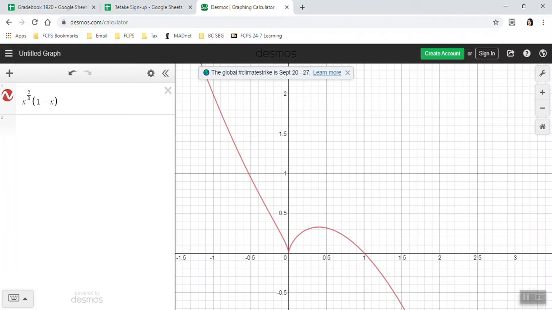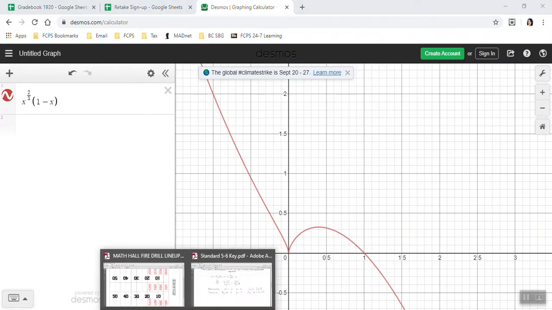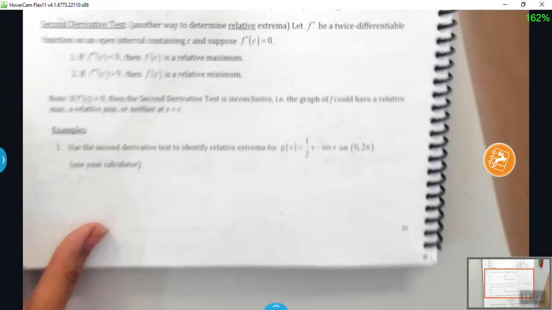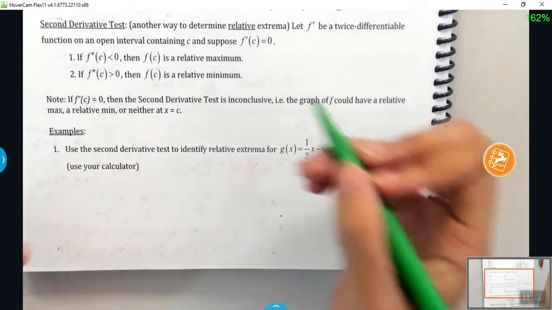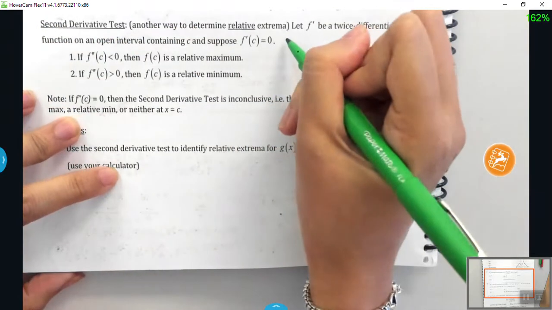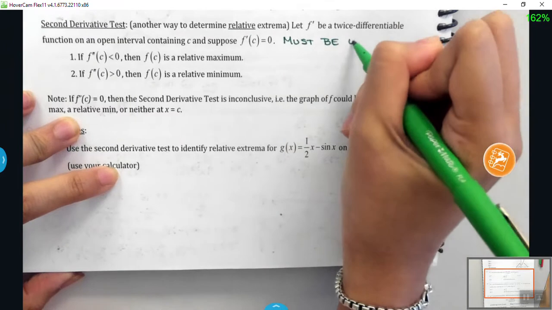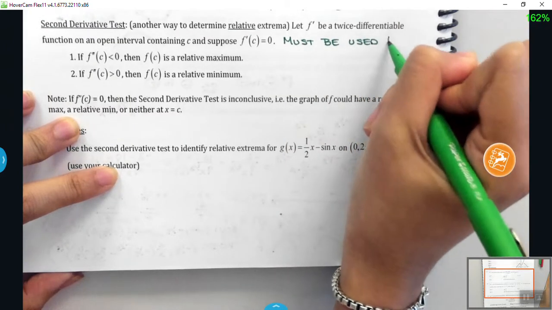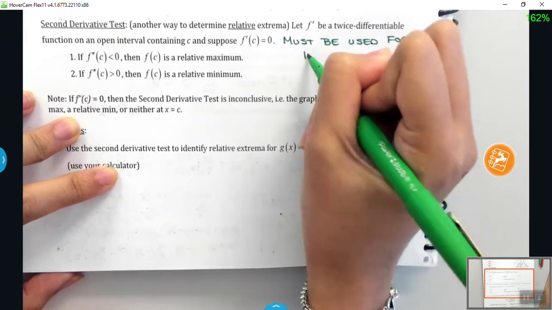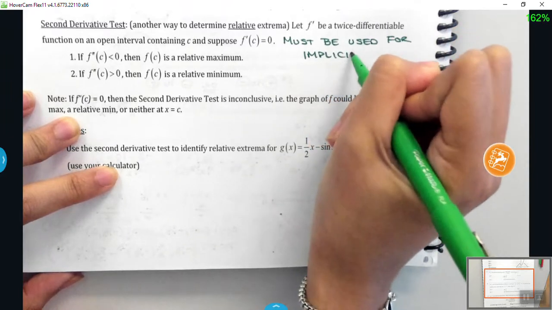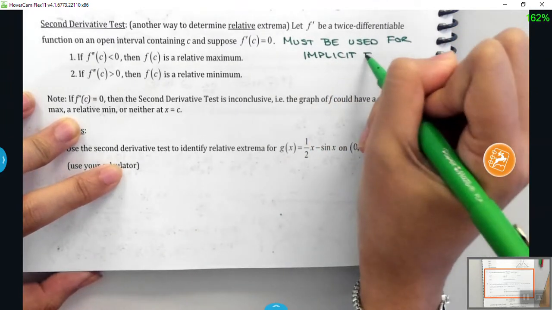Next, second derivative test, which most of you will be like, well, why do I have to learn second derivative test if I can just learn first derivative test, right? Well, you have to, because second derivative test must be used for implicit equations.